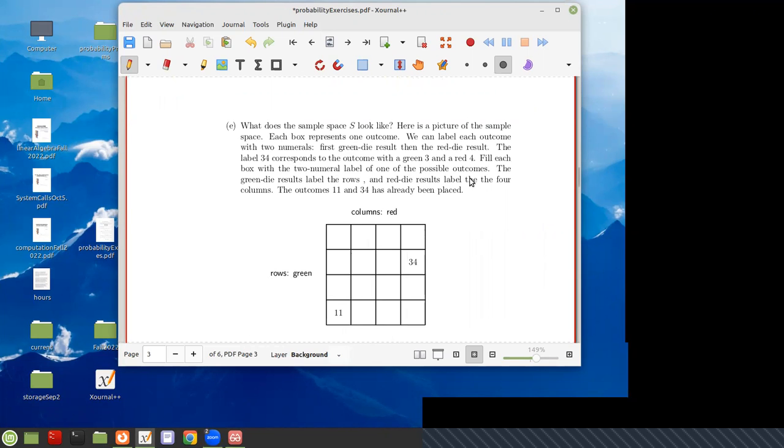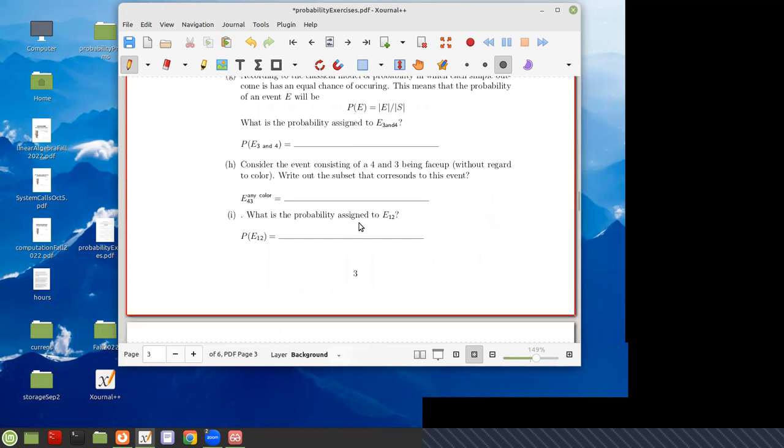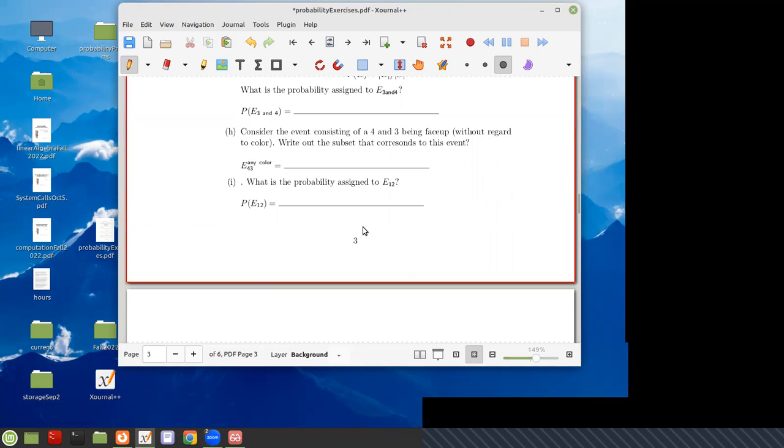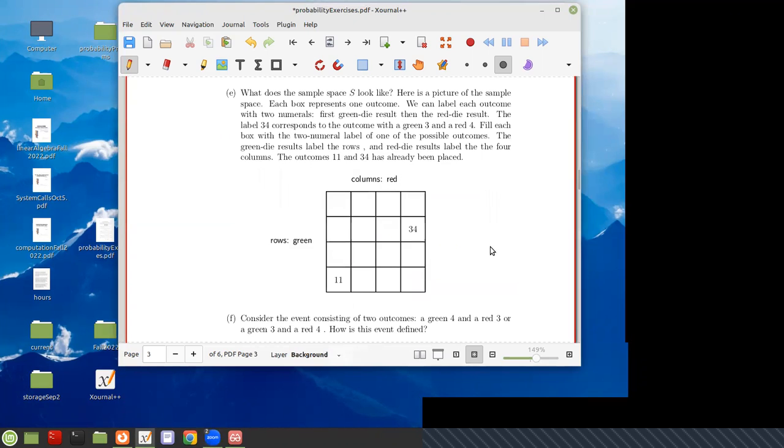So they want us to fill this in with the rows being green. So for example, up here, this is going to be 1, 1. I'm going to ignore this notation here and start with the green row.